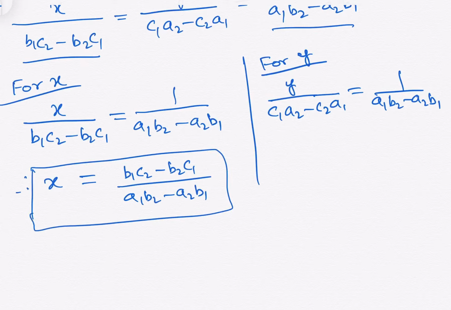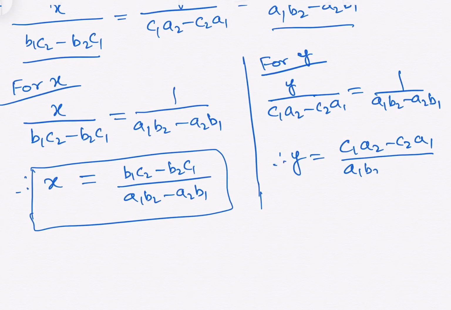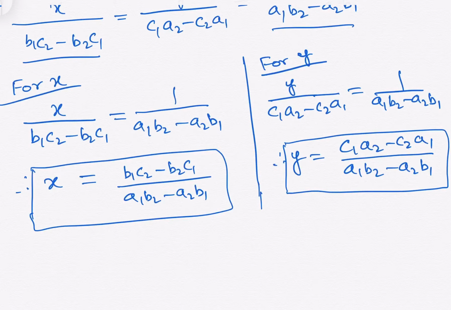When you put in all the coefficients b1 c2 b2 c1 a1 a2, you get the variable x. Now we calculate y. Therefore the value of y equals c1 a2 minus c2 a1 divided by a1 b2 minus a2 b1. So this is the calculation of the y variable part.